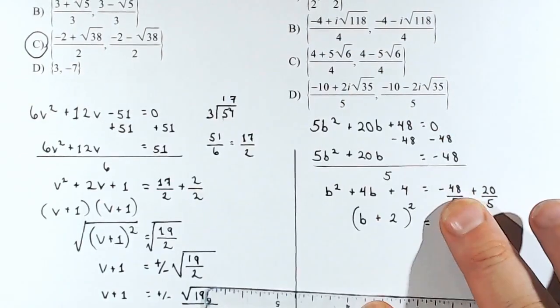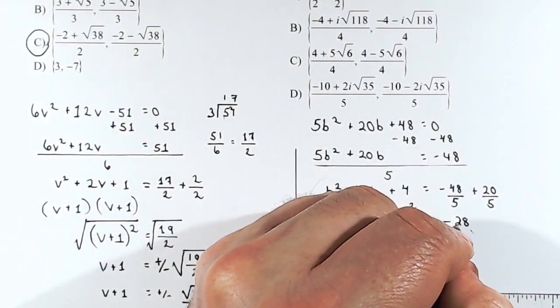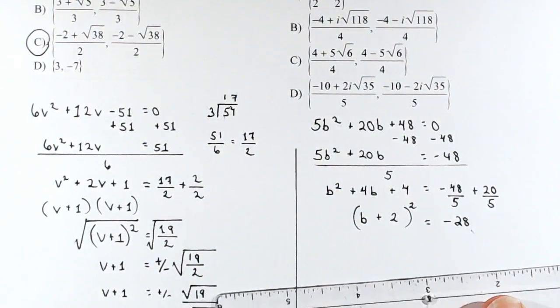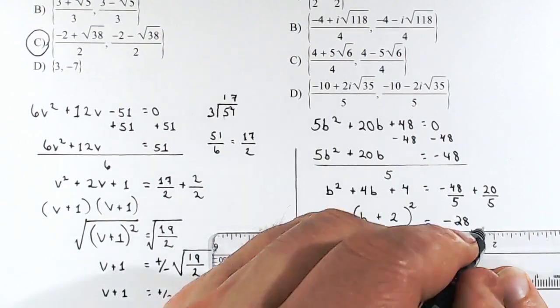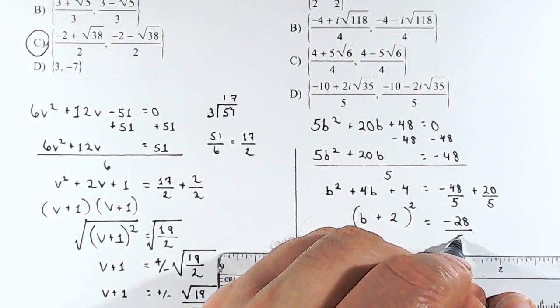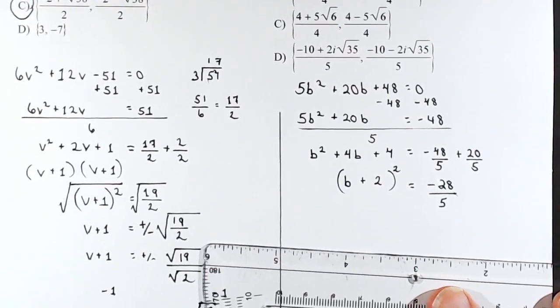Negative 48 plus 20 is negative 28. So I know I'm going to have imaginary solutions over here. The question is, what are they? And we'll get to that in a moment. Negative 28 over 5.